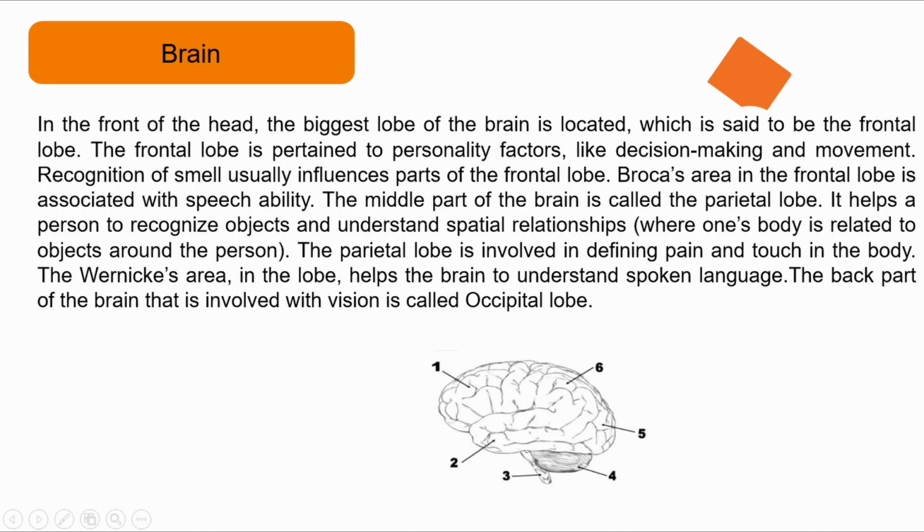There is an example which is given here in relation to the labeling of a diagram. There is a passage which is given in relation to the brain, and then below you can see there is a diagram of the brain and there are different numbers with markings. Once you have finished reading the passage, then as per the passage you need to label the diagram.